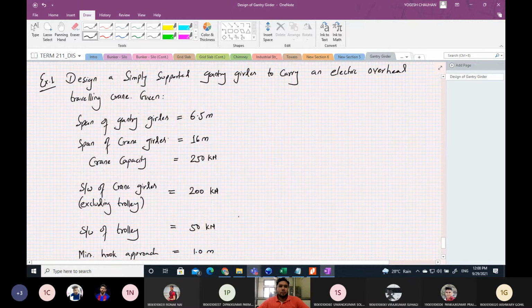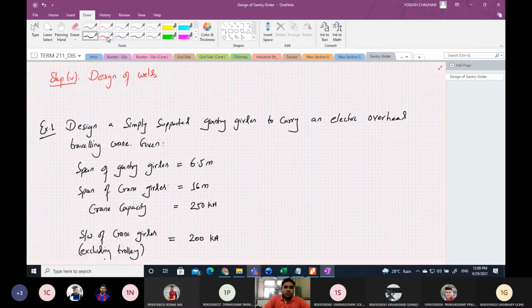Okay, so this is given to you. So you have to design for an electrically operated crane. So impact allowances and deflection limits have to be taken accordingly.